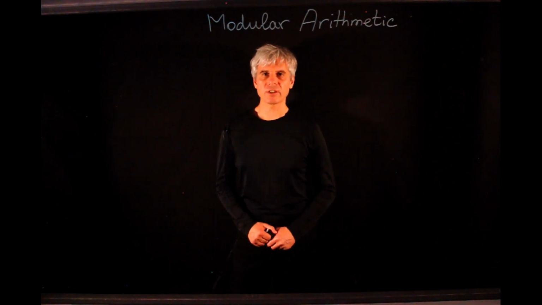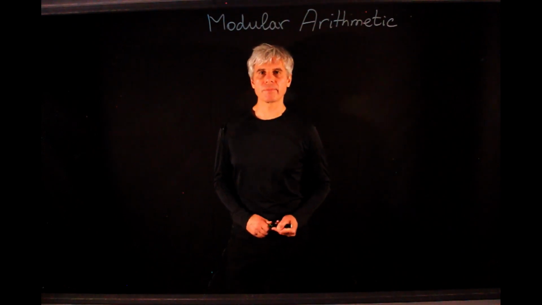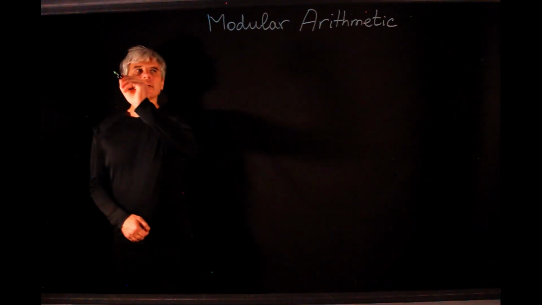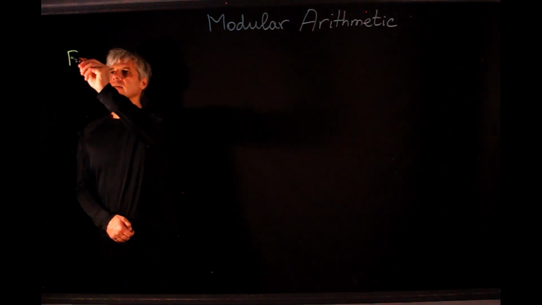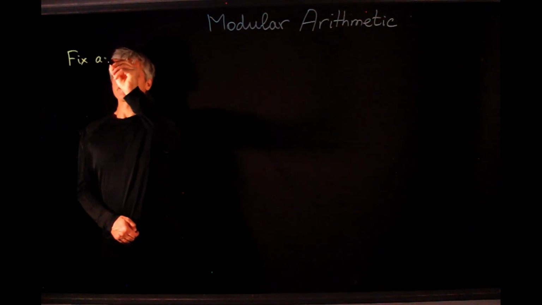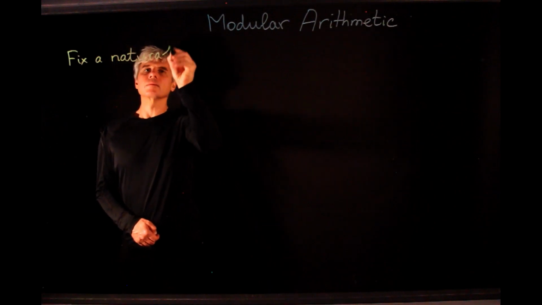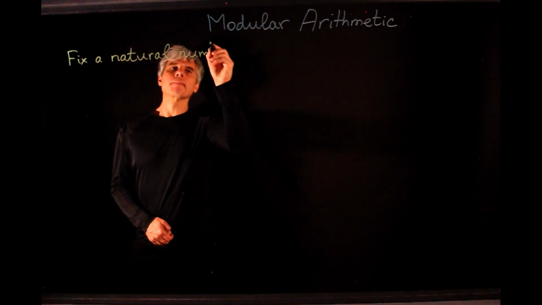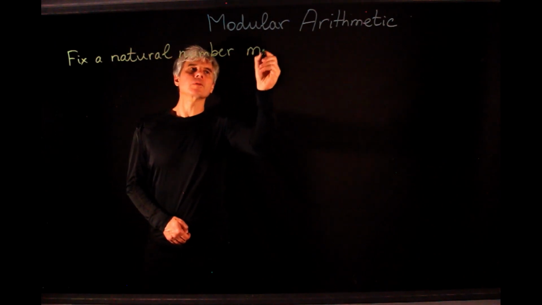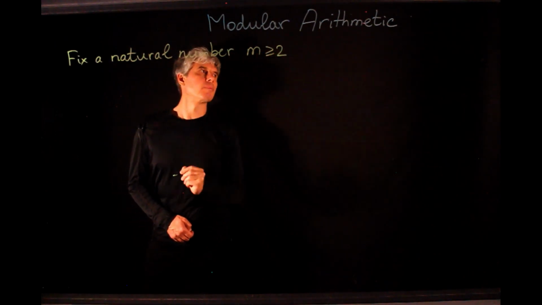In today's lecture, we're going to discuss modular arithmetic. So these are operations with remainders. So let's fix a natural number m, which is greater or equal to 2.